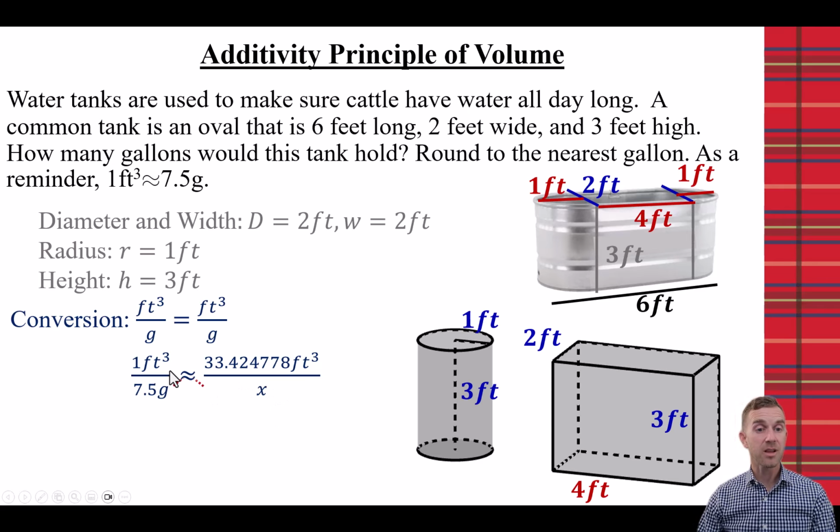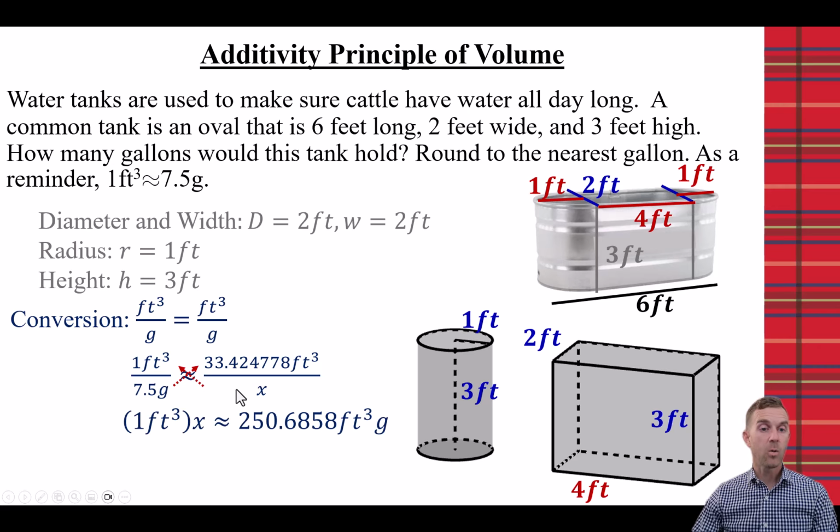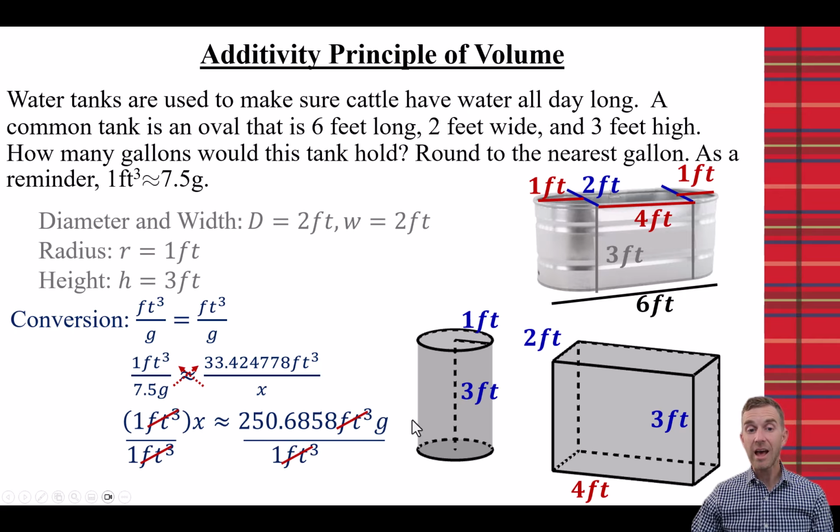So I cross multiply here, and I'm going to get 1 cubic foot times x equals just over 250, about 250 and 7 tenths cubic feet times gallons, because I'm keeping all my units, so that when I divide both sides by 1 cubic foot, the cubic feet disappear, and I'm left just with gallons. So I can say that I have about 251 gallons of water in this water tank, because they wanted us to round to the nearest gallon.